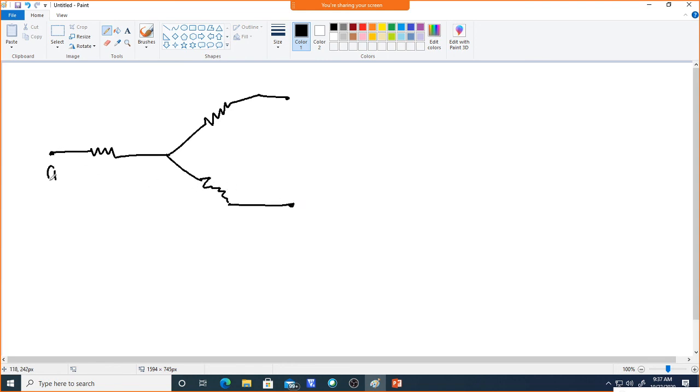This is port 1, port 2 and port 3. If it is matched, it will have a 100 ohm impedance, and similarly here. So now we need to design the resistive divider.